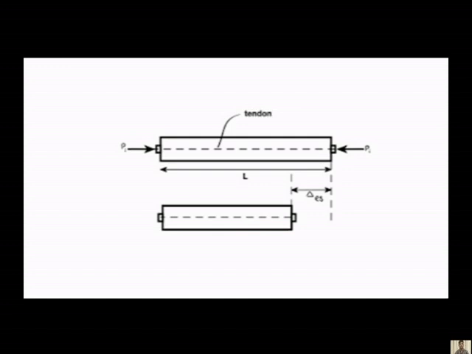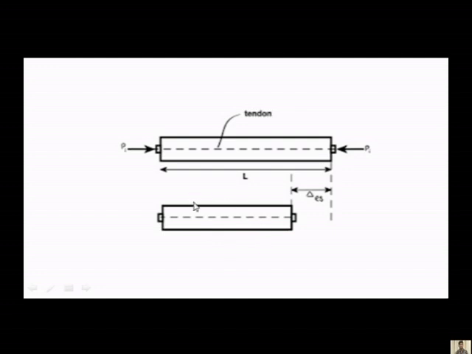Example of it, two equal forces acting in the direction towards the body, and you can observe two equal and opposite forces acting towards it, pushes. In tension it is acting away, pull. Here it is push, acting towards, which leads to the shortening of the body or shortening of the volume. So that is called a compressive strain.